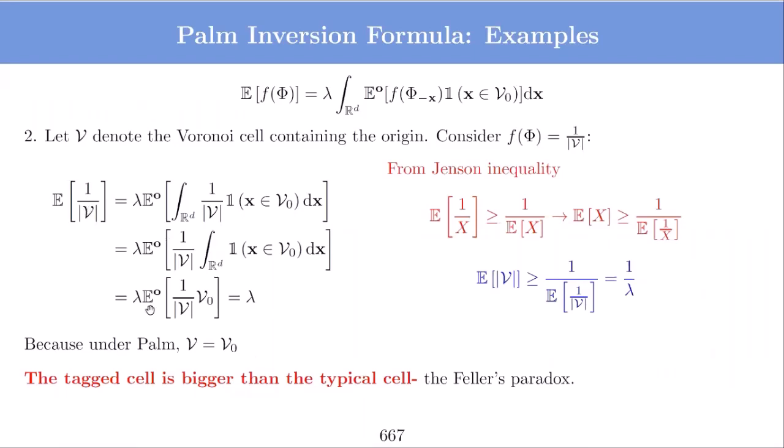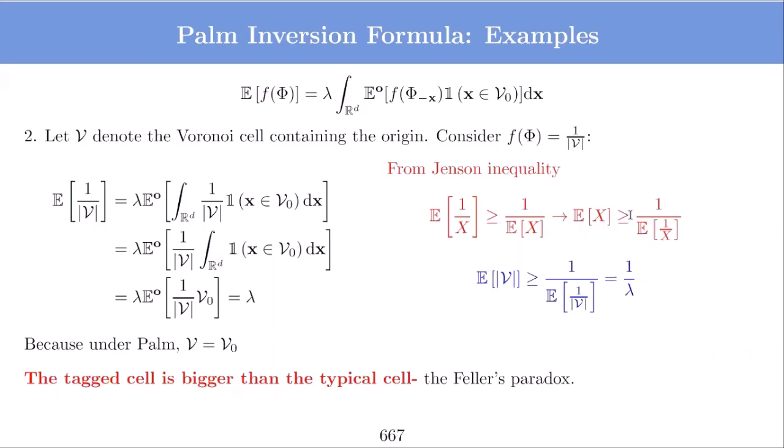So how does this help? We note that from Jensen's inequality, the expectation of 1 upon X is more than 1 upon the expectation of X. So this means the expectation of X is more than or equal to 1 upon the expectation of 1 by X. Now I know that the expectation of 1 upon norm V is lambda.